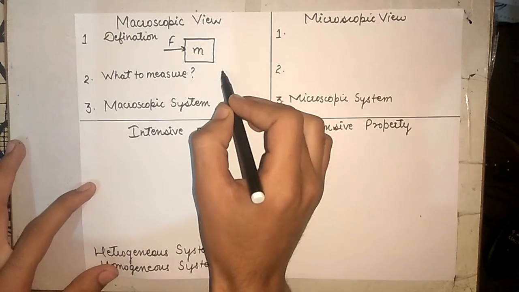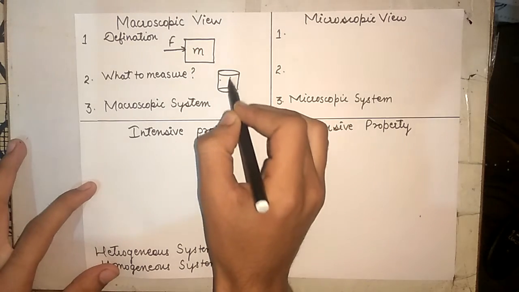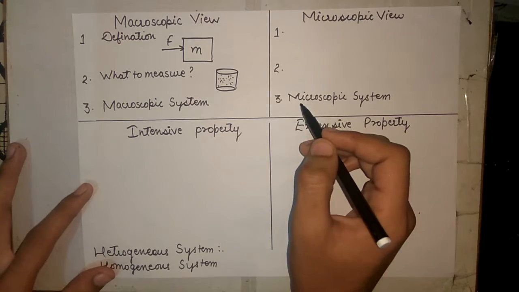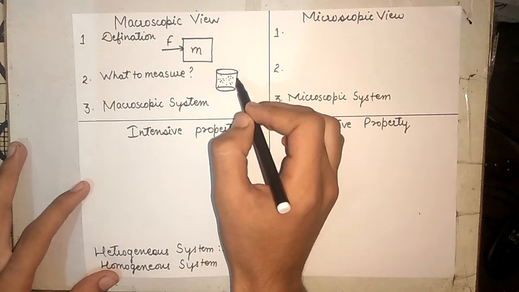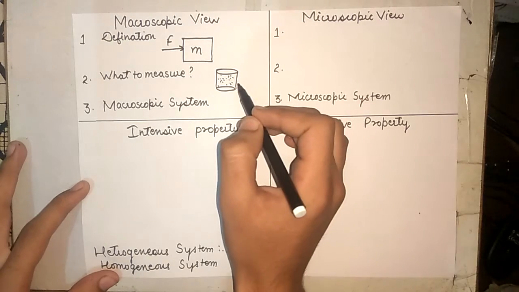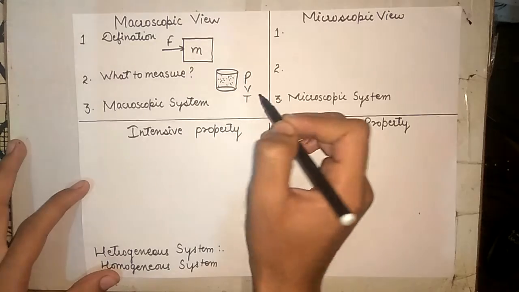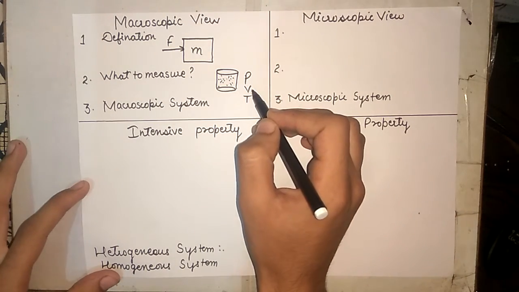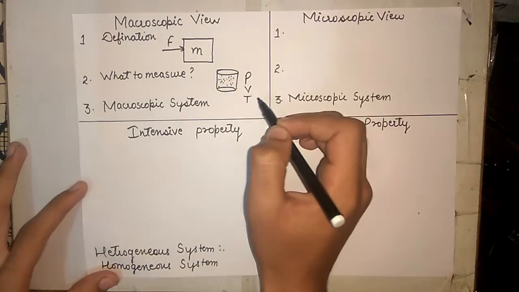I have a container, suppose, which is closed and a gas is filled in it. So a container having gas inside it, like this. Now I can easily measure pressure, volume, and temperature. Pressure by a pressure gauge, volume by its length into area, and temperature by a thermometer.